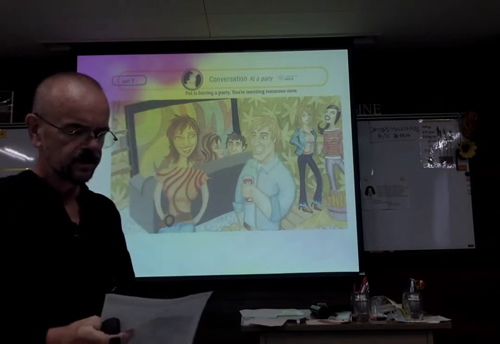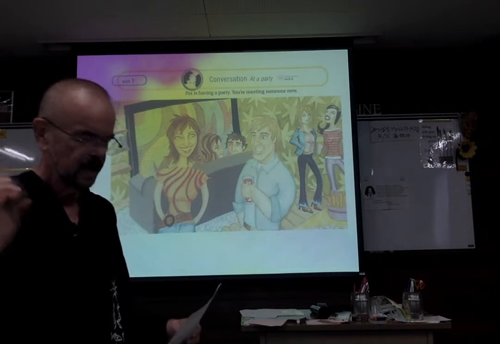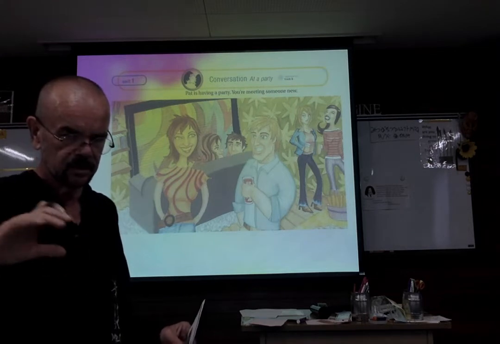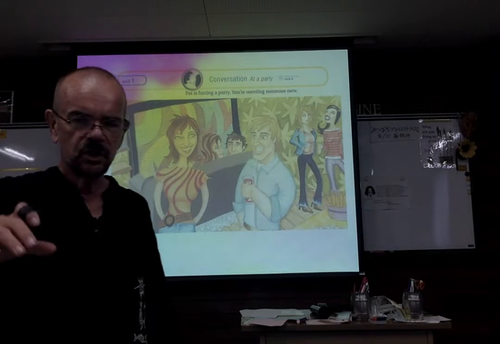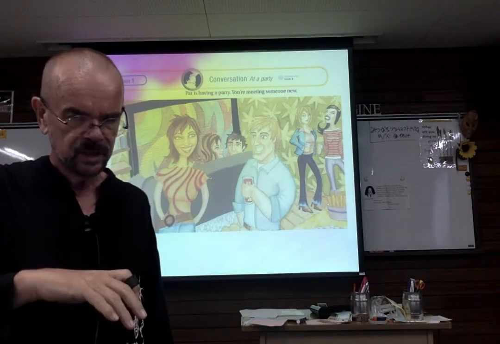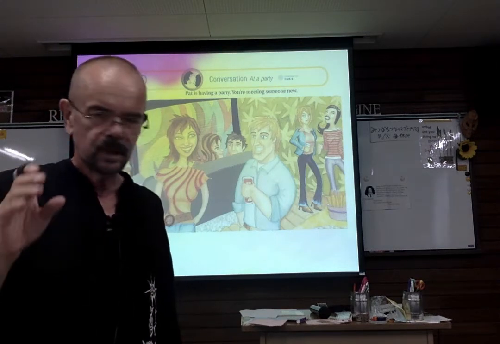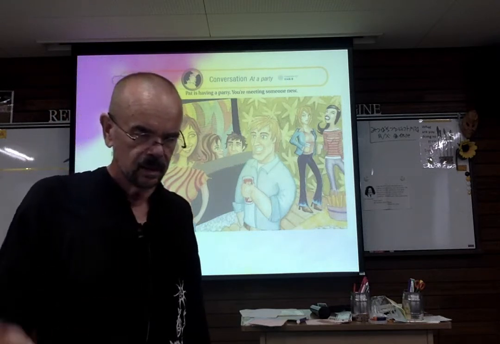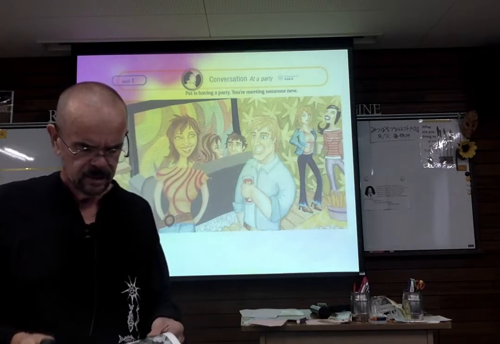There's a party. Somebody named Pat is having a party, okay? And you're meeting someone new, okay? Now, what you should know, Pat can be a man's name or a woman's name. That's why we used that name. So, you're a woman, you're meeting a guy, a man, at a party.